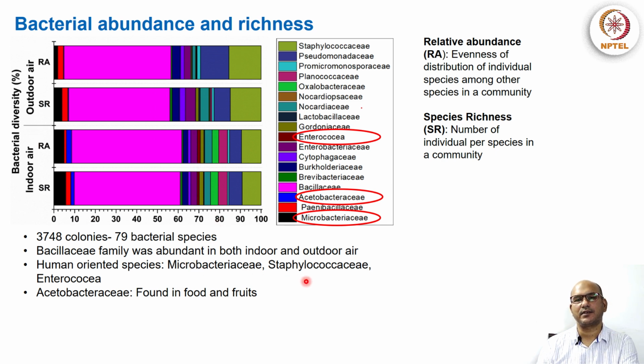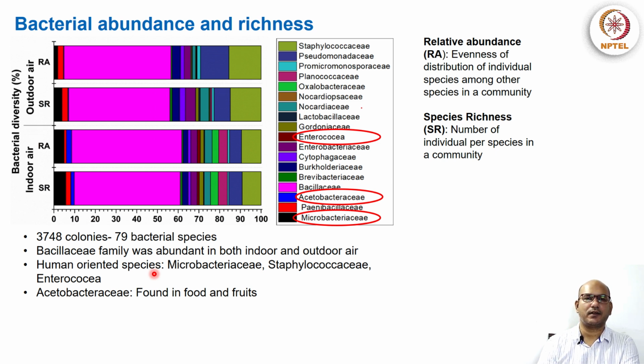So this naturally suggests, and we had Bacillaceae, this pink color, which was the highly abundant family. So we see here that already we are seeing human oriented species in indoor and outdoor air.